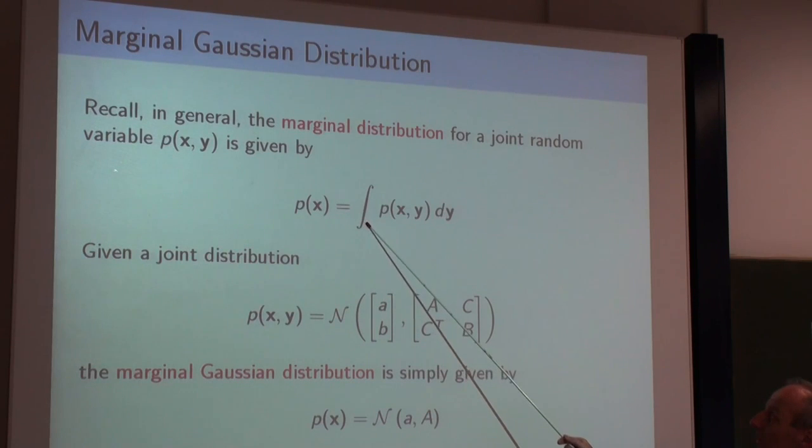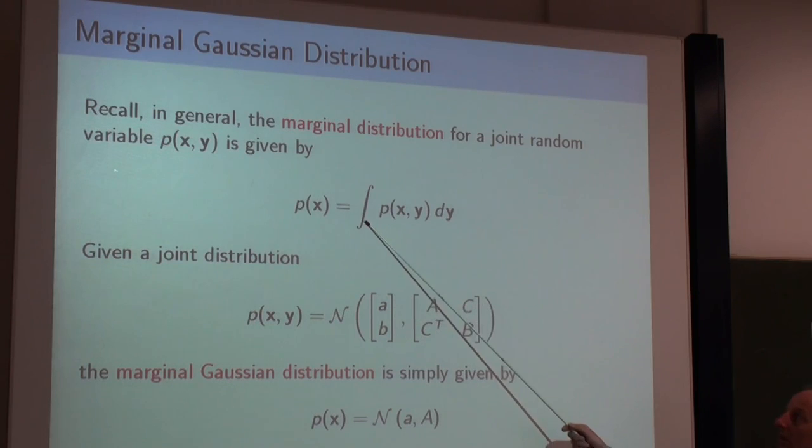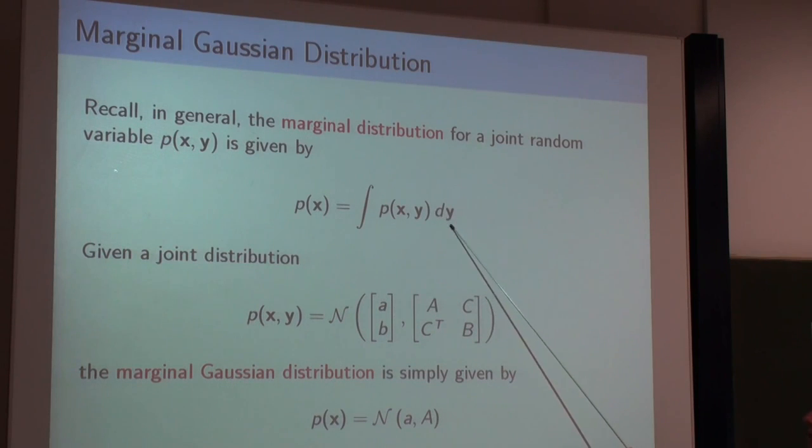In the discrete case, we just took the sum over all the other variables. And here we take the integral over all the other variables.